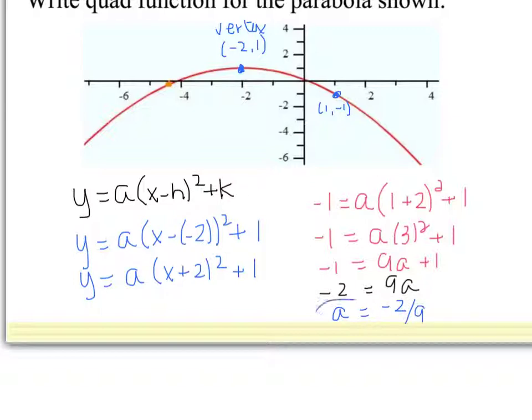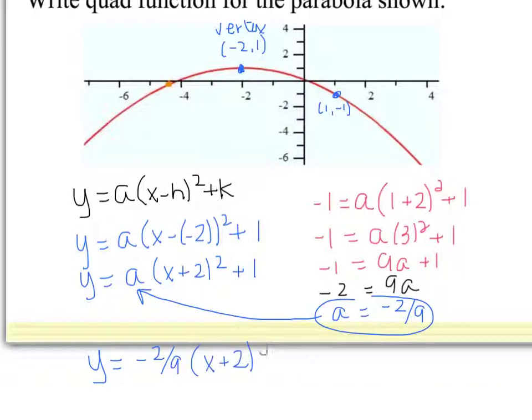So now that I know what a is, I'm going to take this value and plug it into this equation, and we will be left with y equals -2/9 times a quantity of x plus 2 squared plus 1.